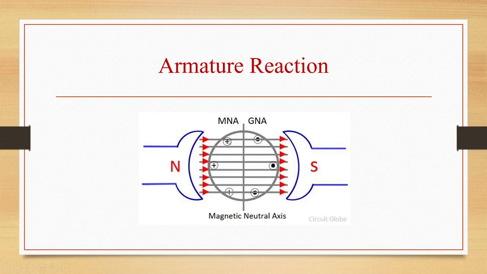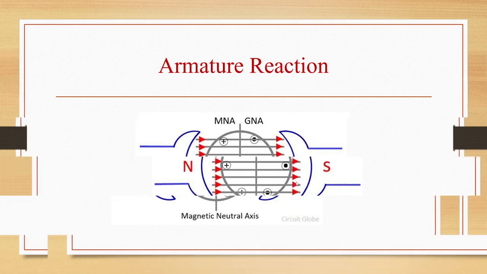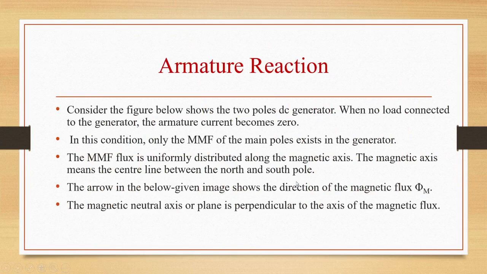See, this is the geometric neutral axis and magnetic neutral axis. These are the two poles, just a simple diagram of two poles, and we are showing the magnetic neutral axis and geometric neutral axis here. Let us consider that figure. It shows two poles of a DC generator.